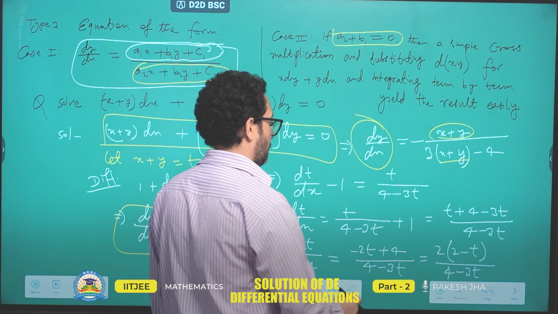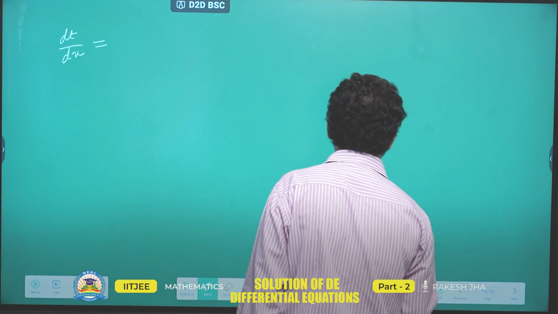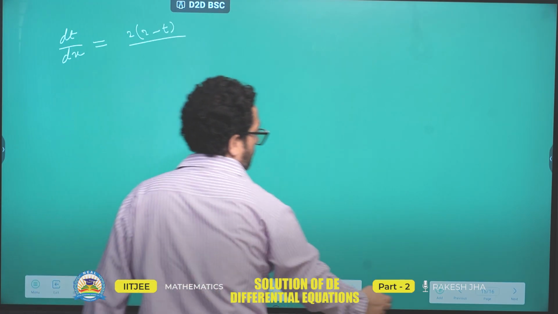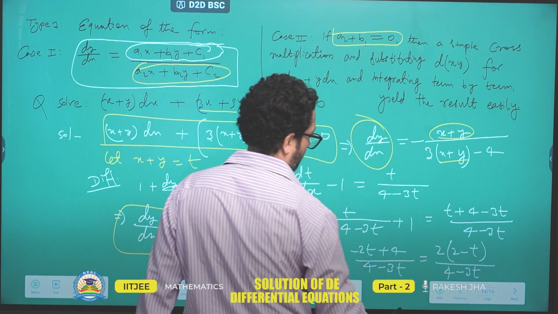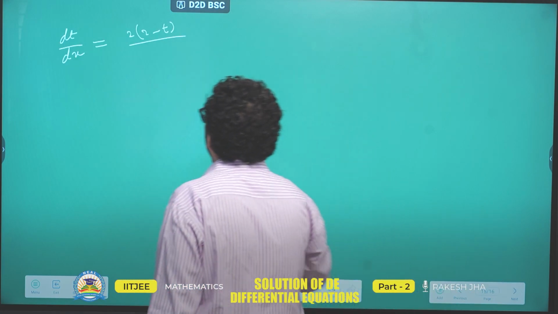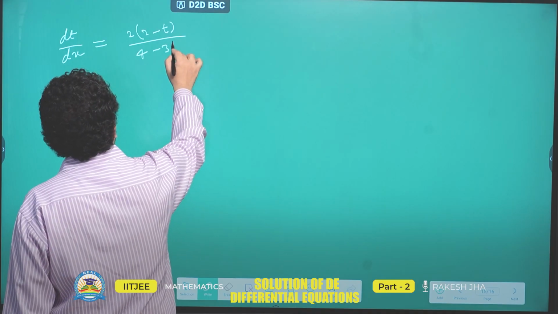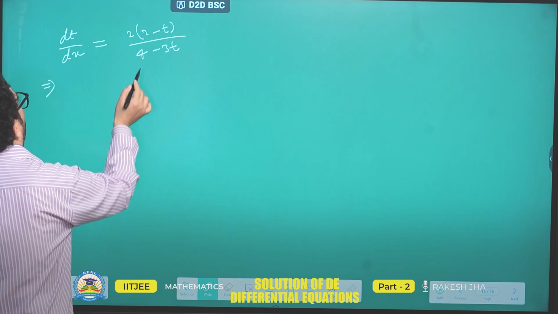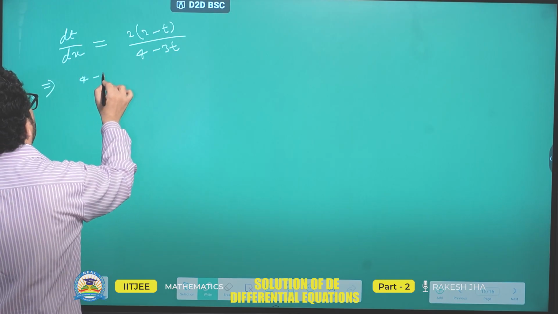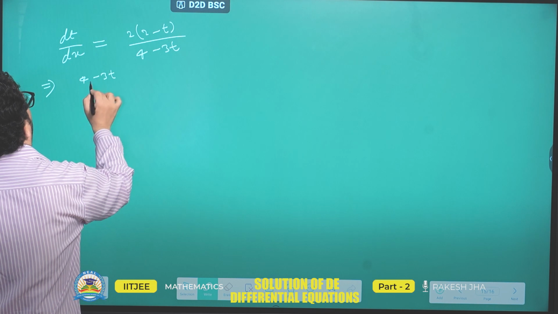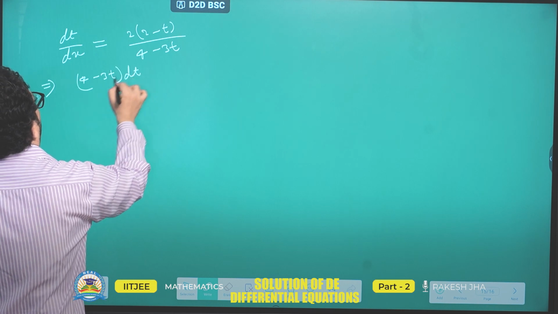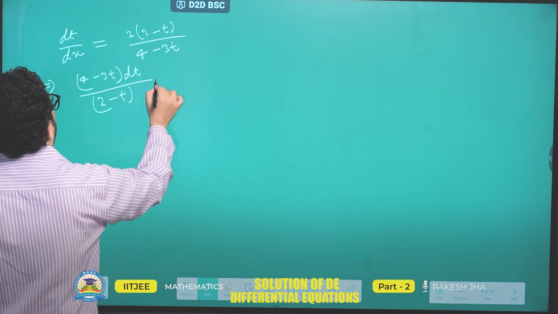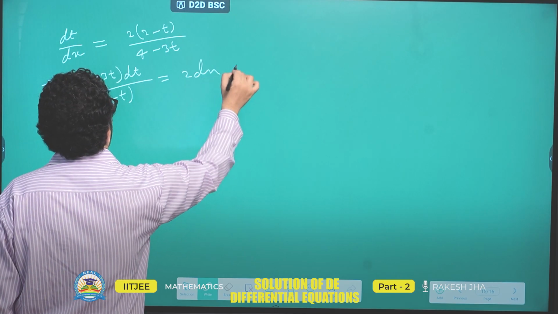We can write this like 4 minus 3t dt upon 2 minus t is equal to 2 times dx.